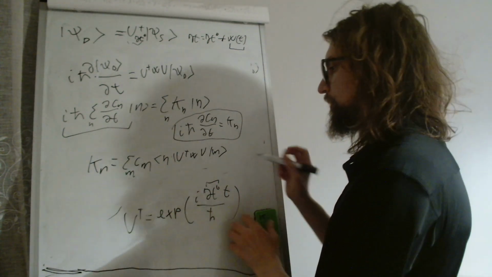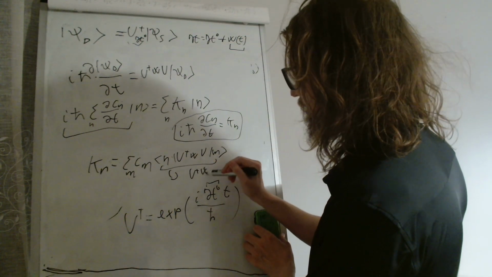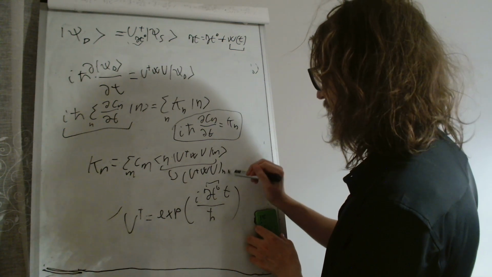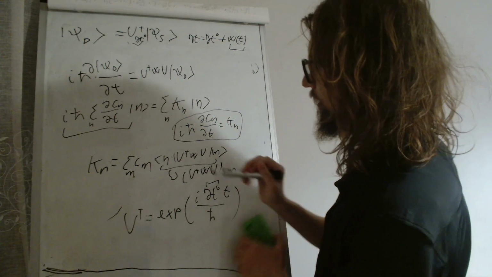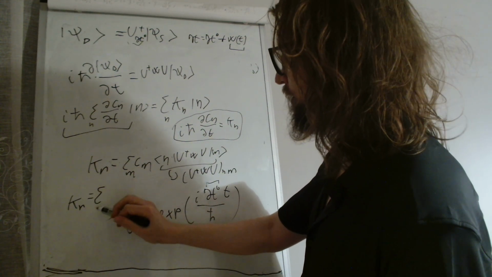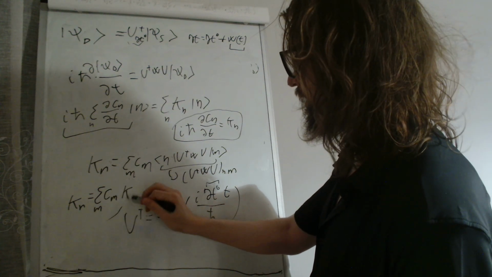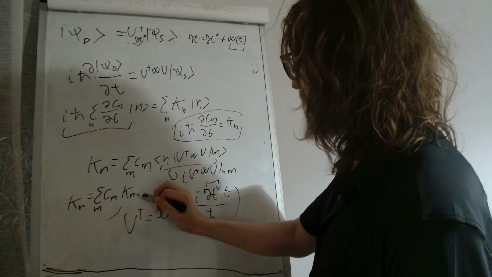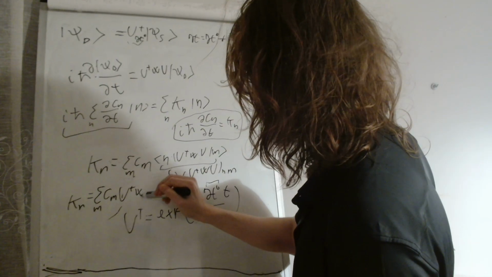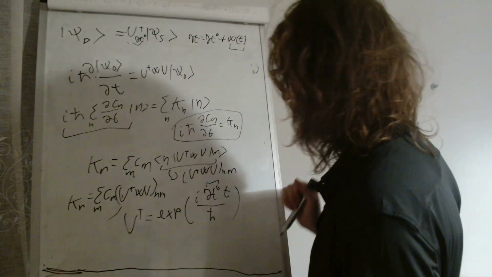So I have this differential equation for the coefficients. This can be written in matrix form as U dagger W U. So I get Kn equals the summation in m of Cm times the matrix element of U dagger W U, n m.